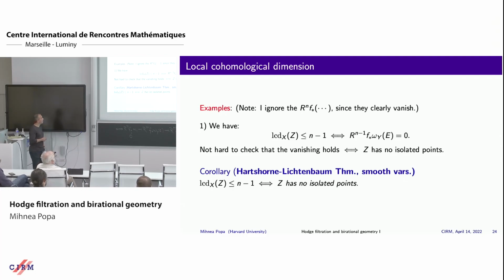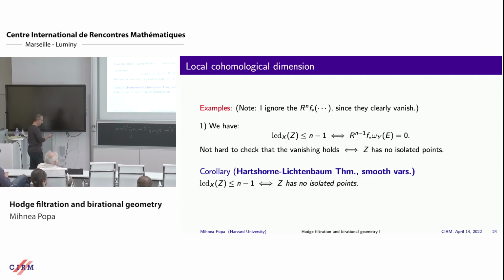Well, this is a well-known result. It's done even in more general settings when the ambient space is not smooth, but this is a smooth version of what's called the Hartshorne-Lichtenbaum vanishing theorem. LCD is at most n-1 if and only if Z has no isolated points. Okay? So it's a completely geometric, very simple criterion in this case.